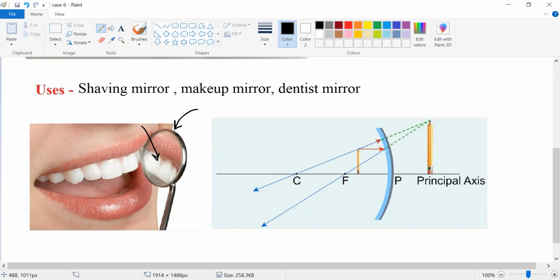We want to see them clearly, where exactly are the hairs present and how easily we can remove them. And to obtain the enlarged image of your facial hairs, we make use of a concave mirror. Same thing goes with a makeup mirror. I hope you have understood how a Tingubali object becomes Bahubali in this case.